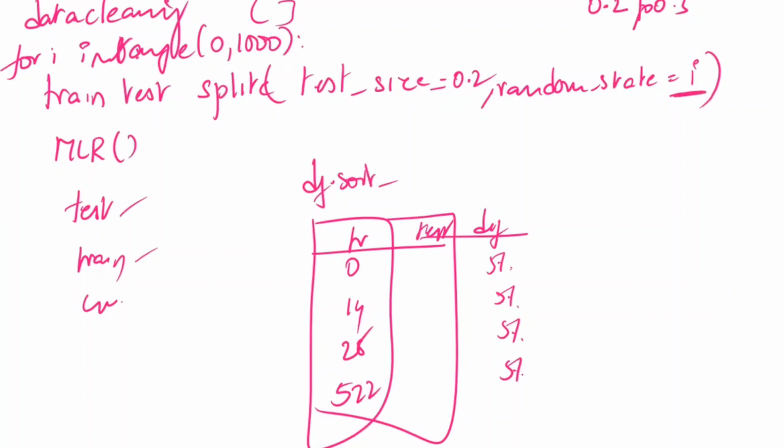Once the random state and test size are fixed, both should be applied on linear regression only. For all the regression algorithms, the base model is linear regression. Now data cleaning is completed and the train test split is completed. Everything is done.